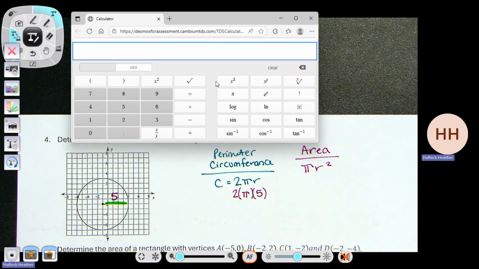On Desmos, 2 times pi. Where is pi? Oh, it's right here. If you don't have pi, then you are on the wrong Desmos calculator. You probably typed Desmos into the search bar. You should go through Canvas and go through modules.